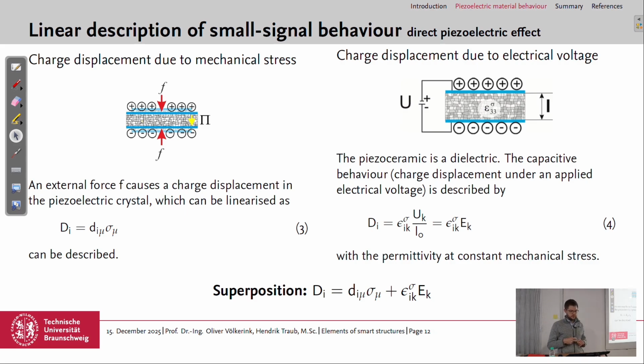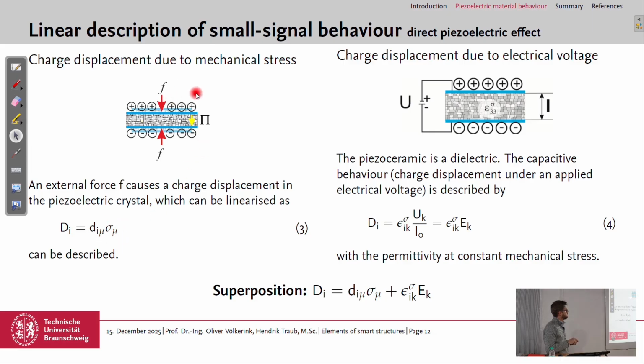Okay, then we can do the same for the direct piezoelectric effect, where we have the electric displacement D, and this electric displacement can be caused by a mechanical stress, or here a force applied. So we have an external force acting on the piezoceramic, and then we have a charge displacement, and this can be described by charge displacement equals piezoelectric charge constant times the external stress.